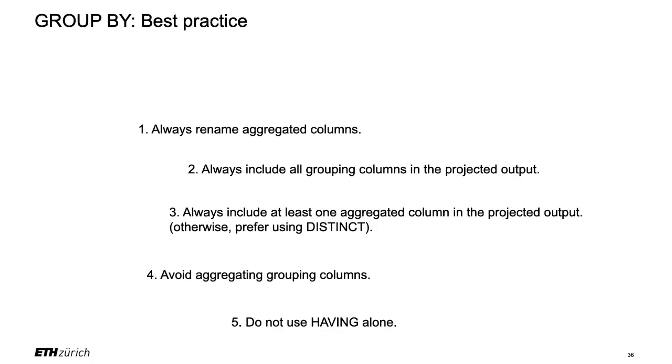Then the next recommendation is to always include at least one aggregated column in the projected output. There can be exceptions in some cases, like the one I showed you with the HAVING COUNT. But in general, if you don't add any aggregated column and you just want to look at the groups themselves, then you should use DISTINCT. It's going to do the same thing, right? Because what does it mean to group over several columns without aggregating anything?